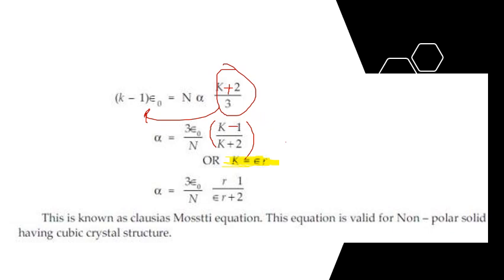So we can obtain the relation alpha equal to 3 epsilon 0 over N into epsilon R minus 1 upon epsilon R plus 2.